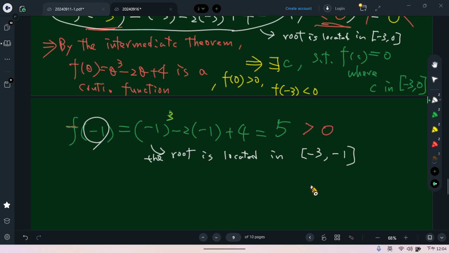If the total number of guesses is less than 5, maybe I will give you a reward. But if you try more than 5, I will not give you any reward or benefit. So that's also kind of the intermediate value theorem.